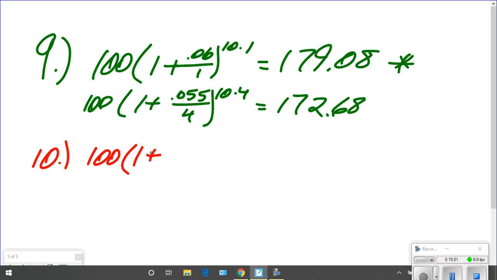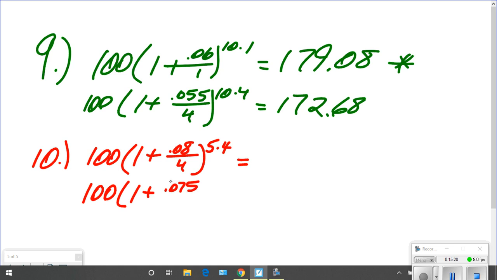Add on 8% quarterly for 5 years, or 7.5% daily. That's crazy. For 5 years. Dang. I don't know. I'm going to guess the bottom one, but I don't know.